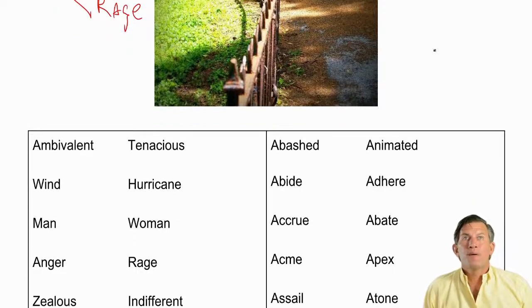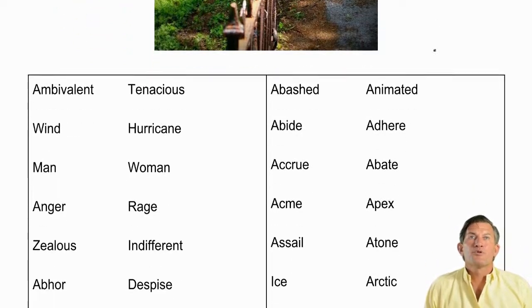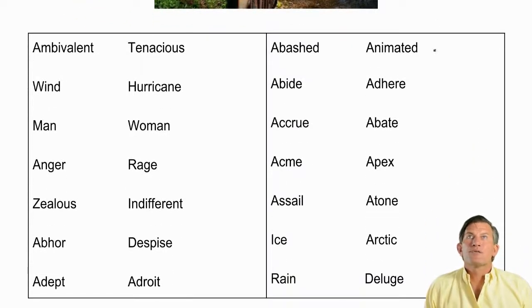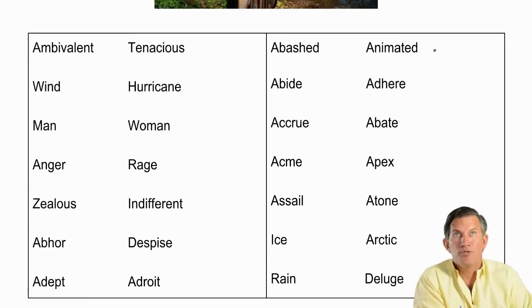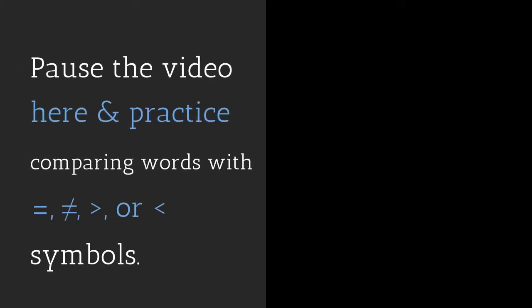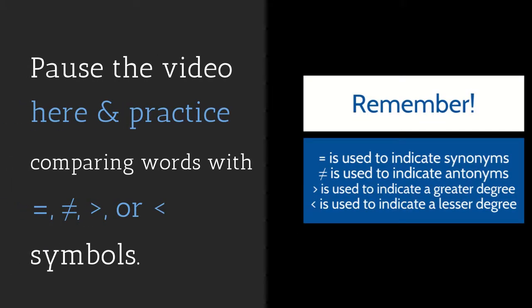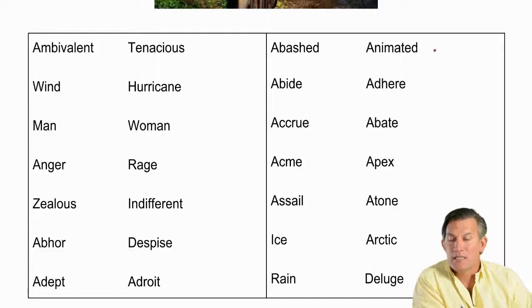Now, you may remember that you are supposed to compare these, and you are supposed to circle things you don't know. So pause it now, but I'm going to predict which words you didn't know. Let's see.